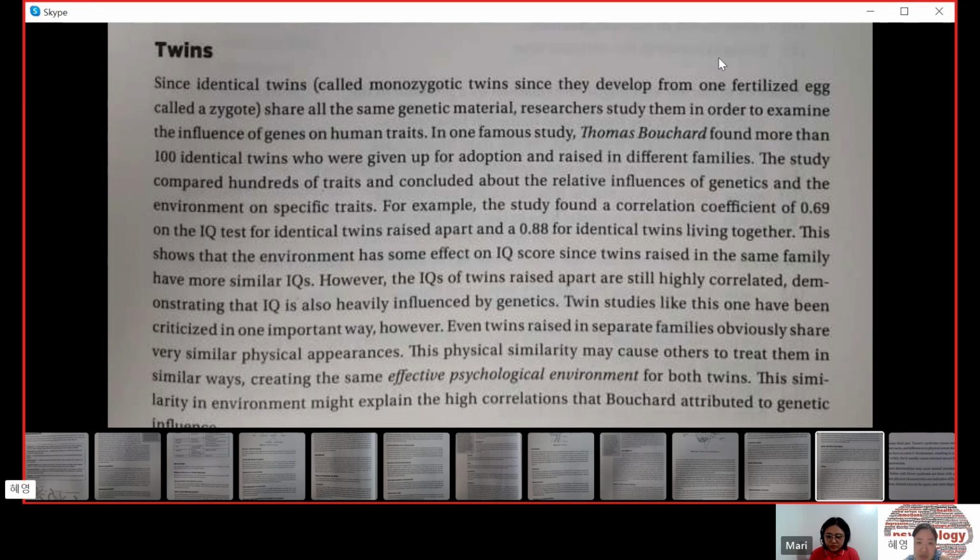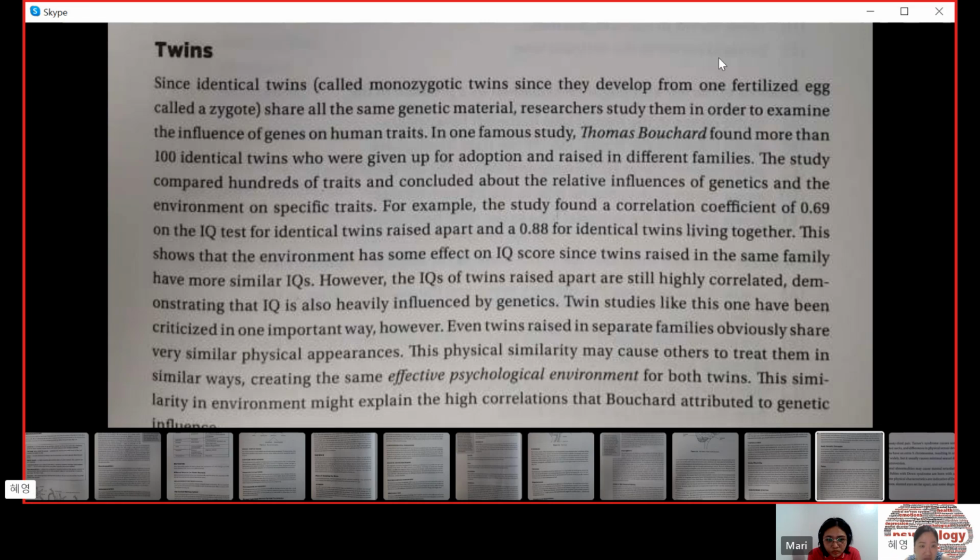For example, the study found a correlation coefficient of 0.69 on the IQ test for identical twins raised apart, and 0.88 for identical twins living together.